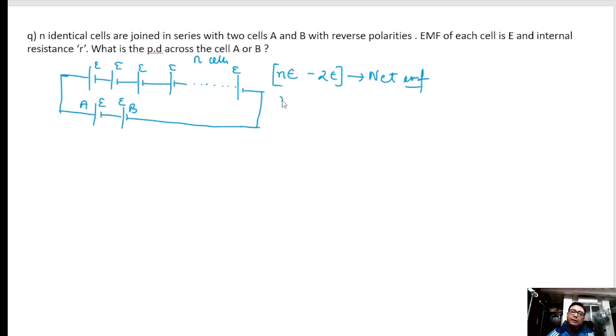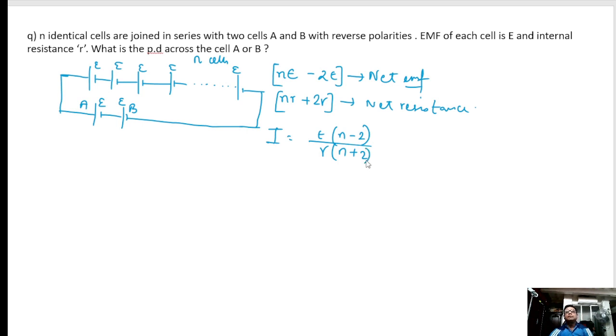It will be NR plus 2R, net resistance. So what is the net current? This is the net current.